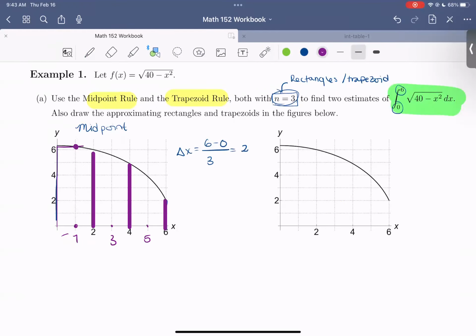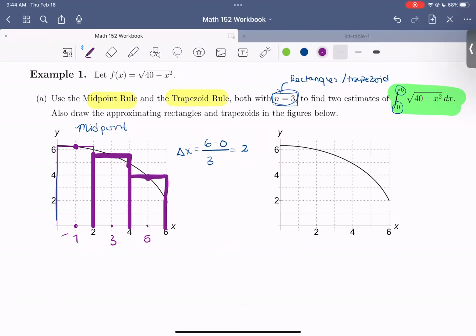The height of our second rectangle would be at the middle of that second interval, this high. And the height of our final rectangle would occur at that 5 value, so about like this. Awesome.